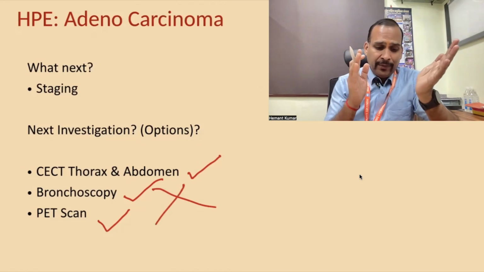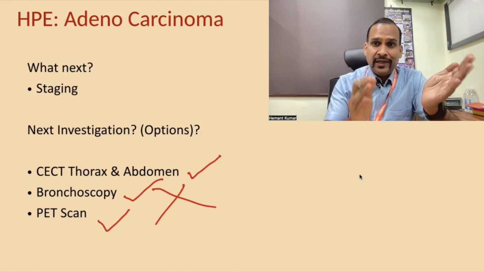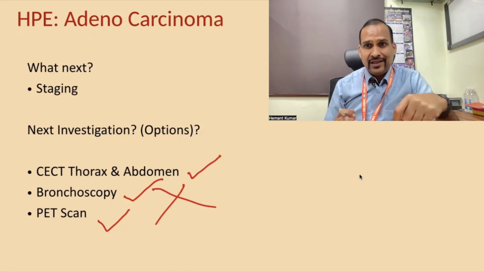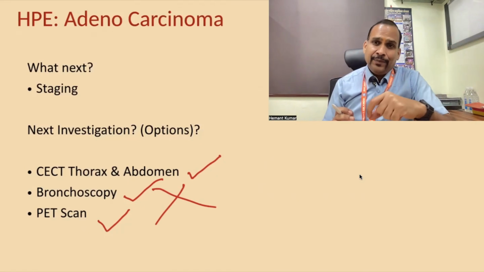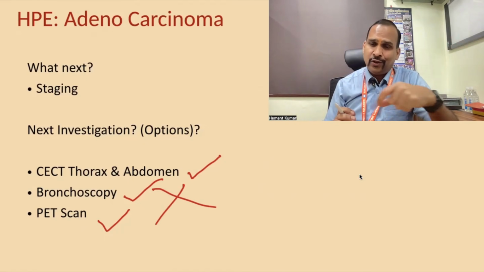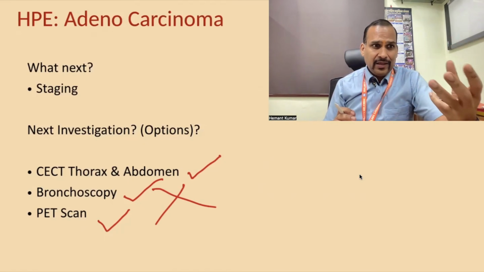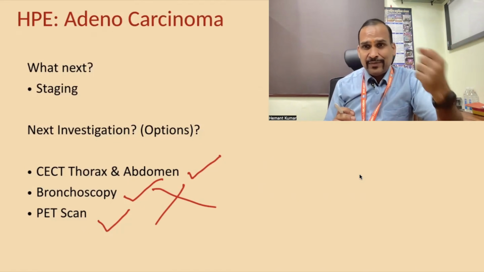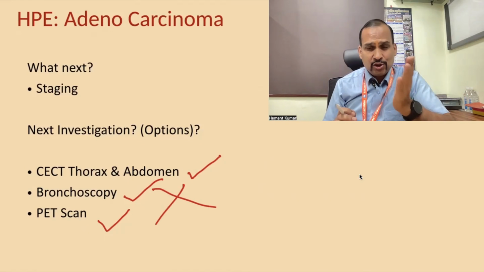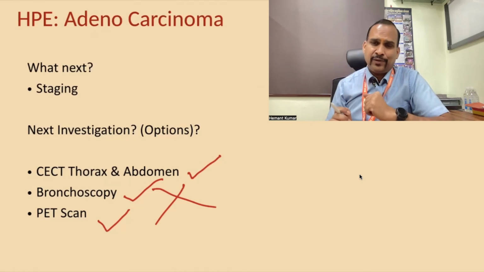Now, between CT thorax and abdomen and PET scan, if you have the facility of PET scan, then go for PET scan, because PET scan can tell you about other metastases apart from the abdomen and thorax, like prostate, skeletal muscle, anywhere. So PET is the diagnostic choice for these patients for staging purposes.